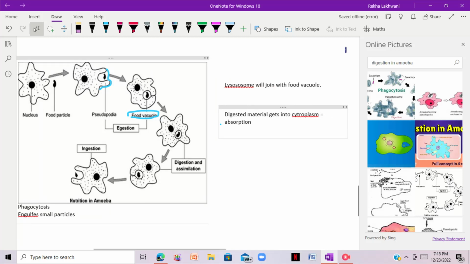Now, which enzymes are present in these hydrolytic enzymes? Amylase and protease are present in this lysosome, so they can digest starch and protein. And what about pH?